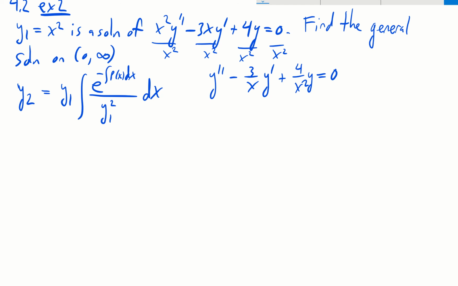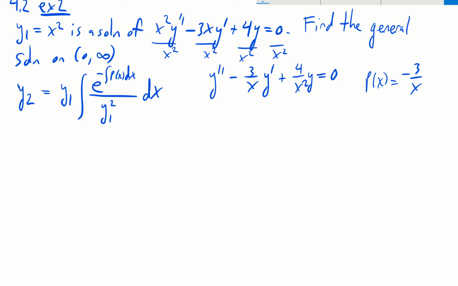So we have to write it like this first. We now see that p of x is equal to negative 3 over x, that's the coefficient function for y prime.